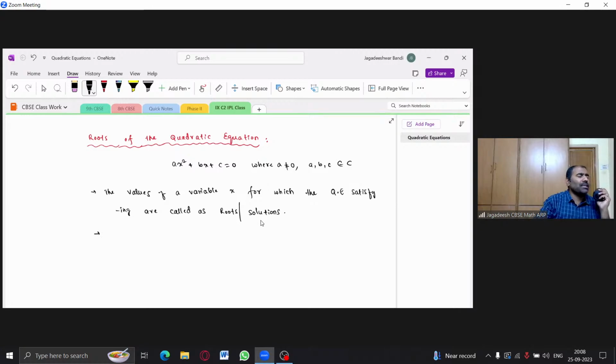So you can ask me at this point, sir, for how many values of x does it satisfy? You can substitute any value for x, no problem. But it satisfies only for two values of x, not for all, not for many.